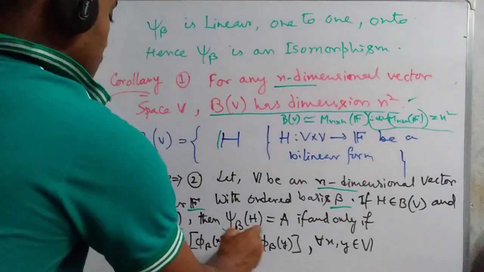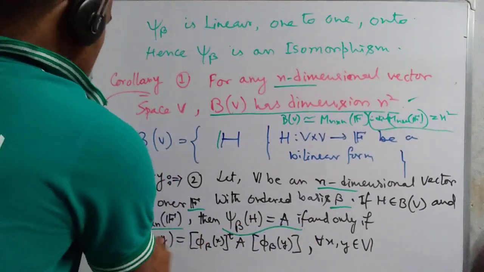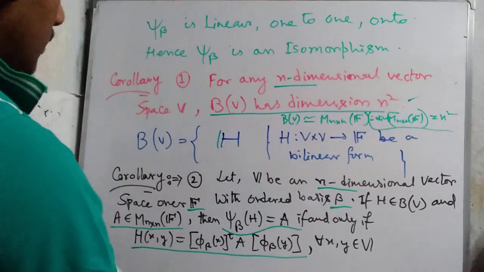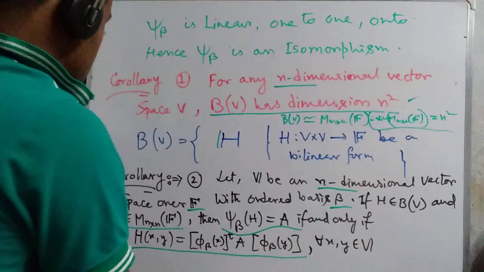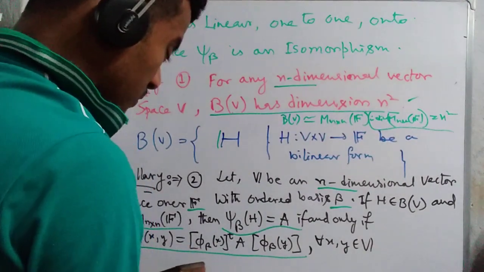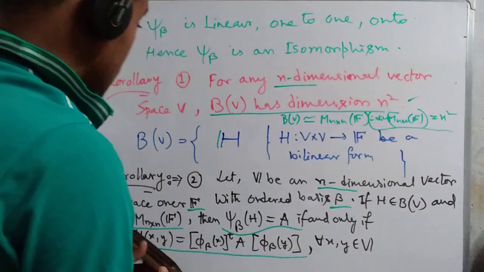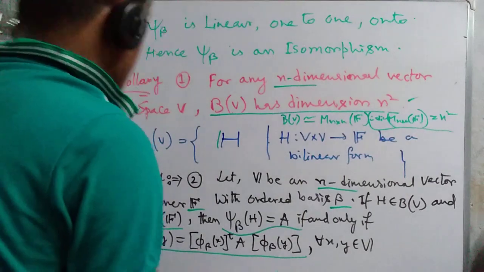Then psi beta of H is equal to A if and only if H is represented in this way, understood? So we now discuss it using this theorem. I think this is an easy topic.